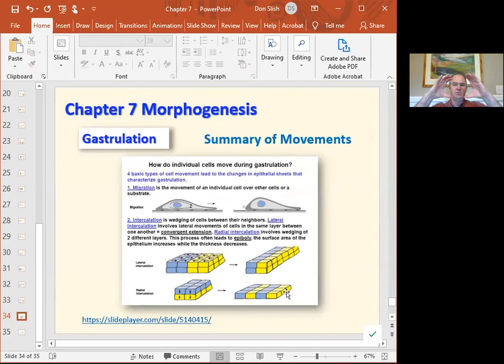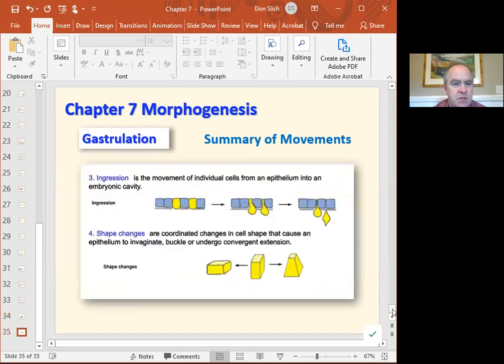You've got several layers of cells in a tissue, and they intercalate and become fewer cell layers, but more surface area. Okay, intercalation. I like that word. Let me say it one more time. Intercalation. Okay, so ingression. Here you can see cells undergoing that EMT transition.